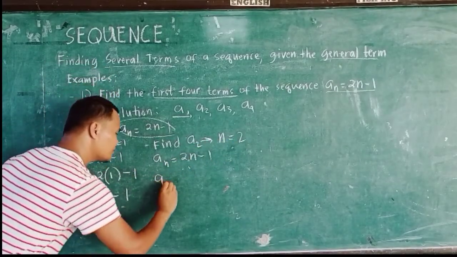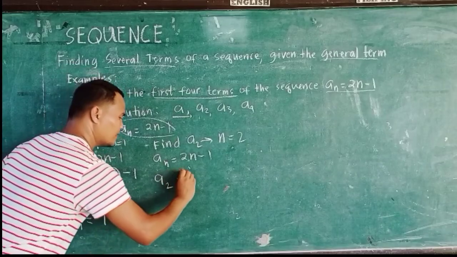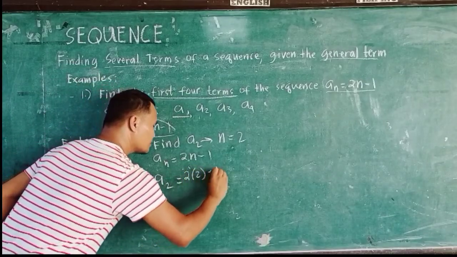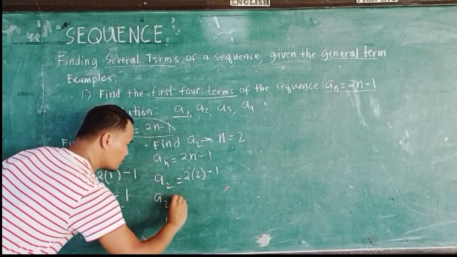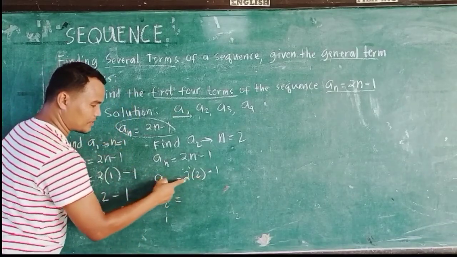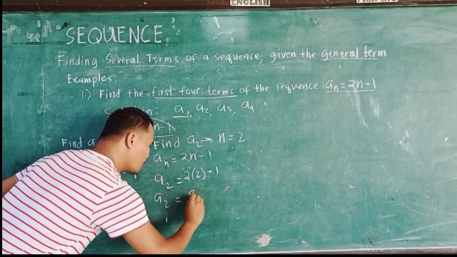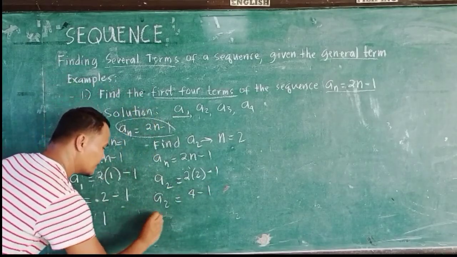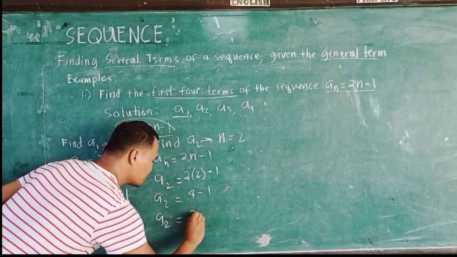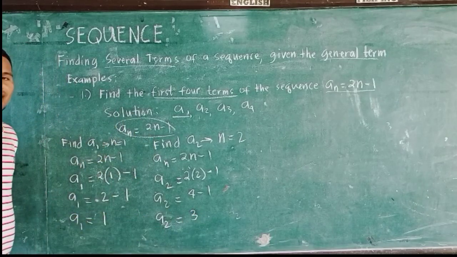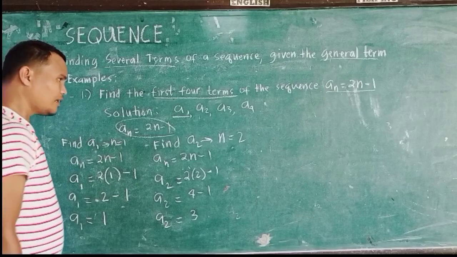So you have a sub 2, then 2 times 2 minus 1. A sub 2 equals, multiply these two numbers, the result is 4. 4 minus 1, the result is 3. Therefore, a sub 2 is equal to 3. That is our second term.